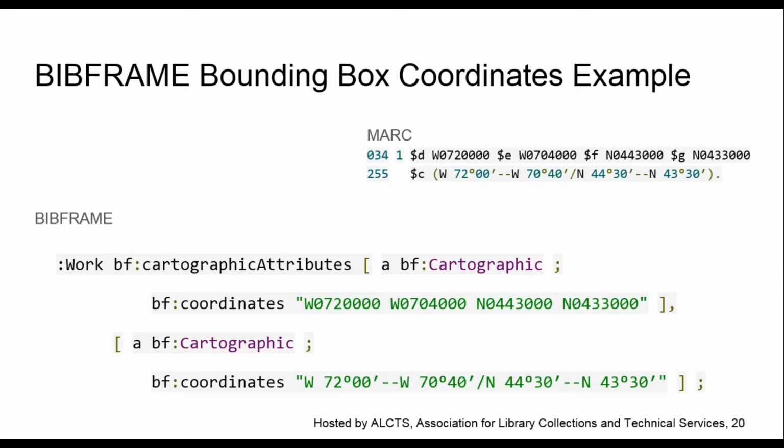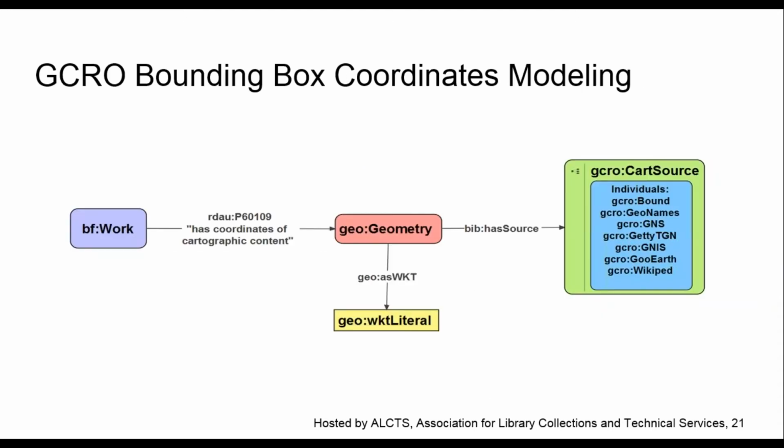And similar to the relief example, the BIBFRAME converter puts the 034 and 255 data into separate cartographic objects and then converts the content as a string literal. This is fine, but it's somewhat simplistic, and there's no real improvement from our current MARC encoding. So we're going to take a look at what we're proposing with GCRO.